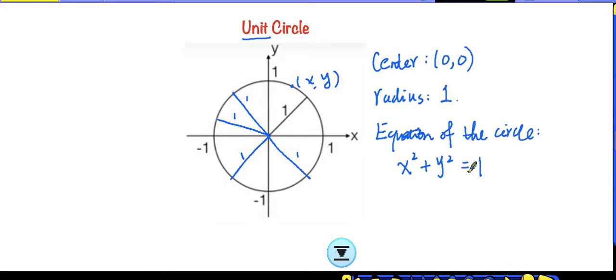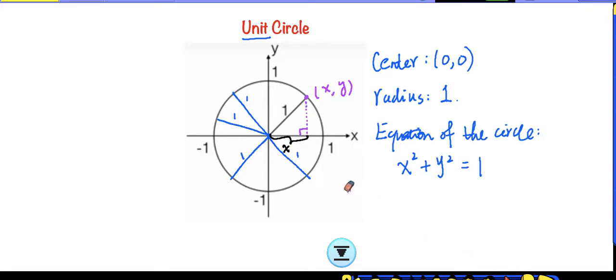You may wonder, hey, how is that possible? Let's check this one. Let's erase this and just focus on this one. Let's change the color. Let's say this point is (x, y), and if you draw a right triangle here, this distance is exactly x.